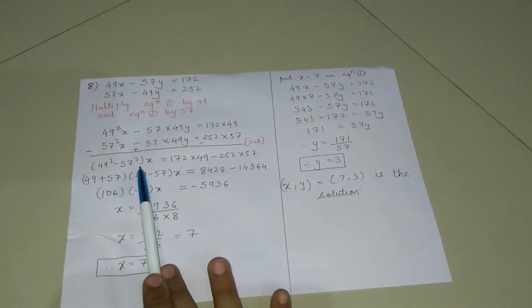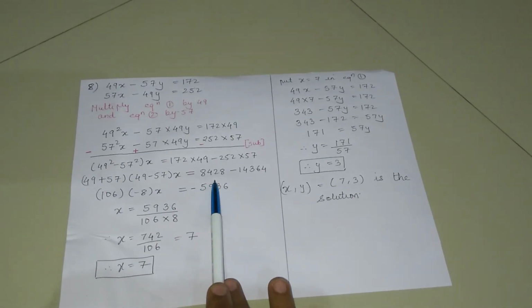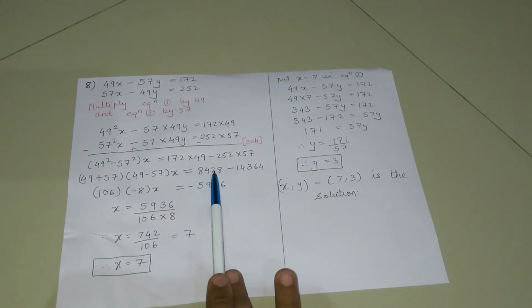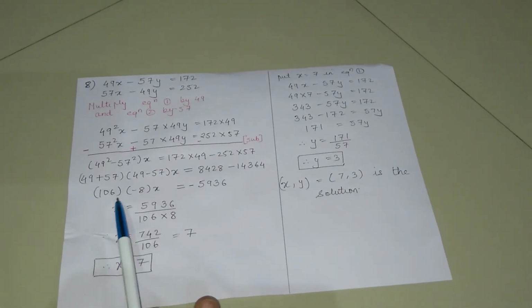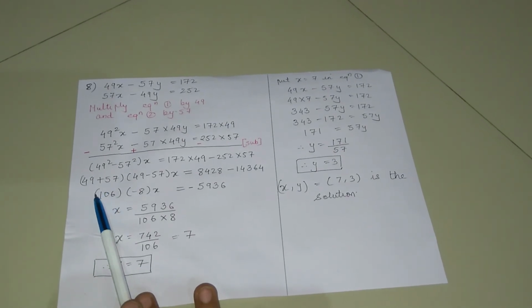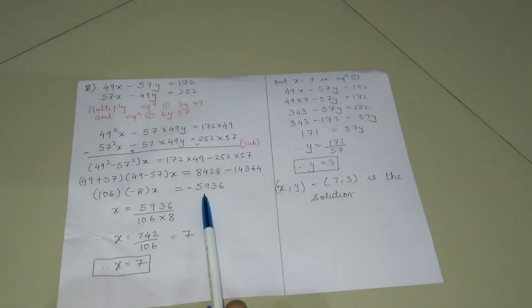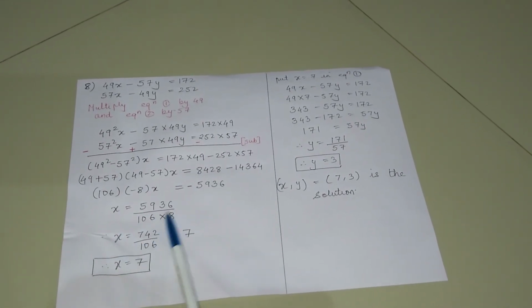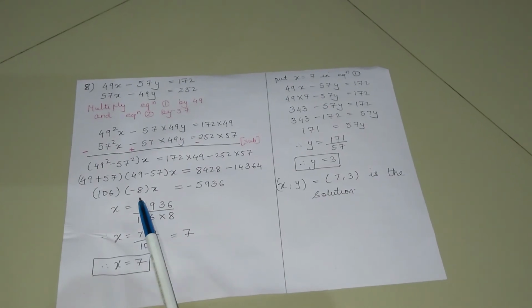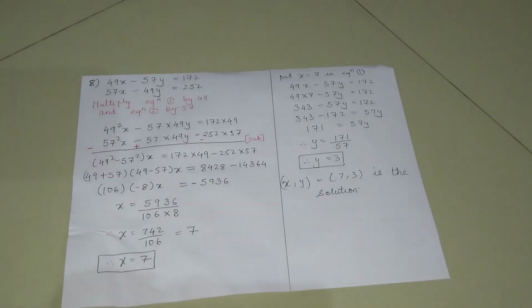Using a squared minus b squared formula, (a + b)(a - b)x, and solving, 8428 minus 14364. So 49 + 57 is 106, and this minus 8x = -5936. So x = 5936 upon 106 into 8. The minus and minus get cancelled, so x is 7.